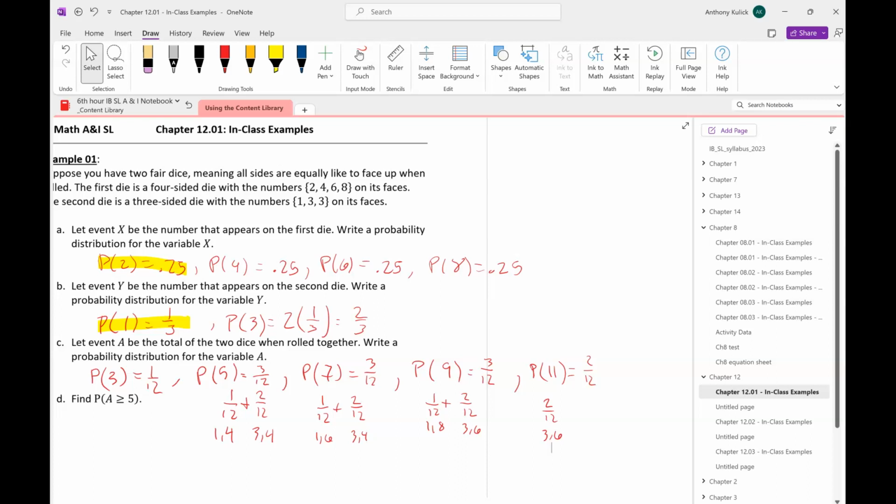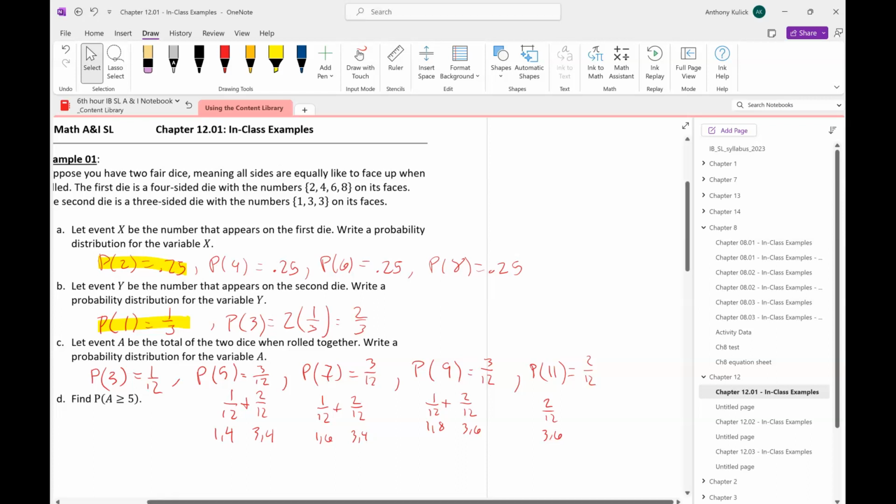You just had to look at the different ways you can get there and use what we had calculated previously, which I think is enough. Is everybody okay with how we got the 1/12 and 2/12 in all those places? Okay. Again, if I'm doing something you don't understand, stop me. Or if you have a question, stop me. Or if you just need to hear it again, stop me.